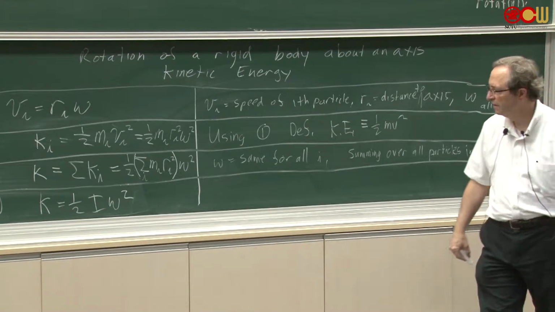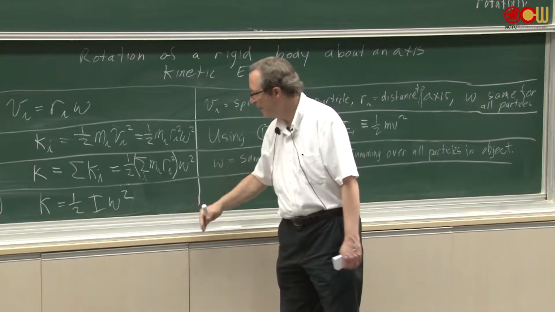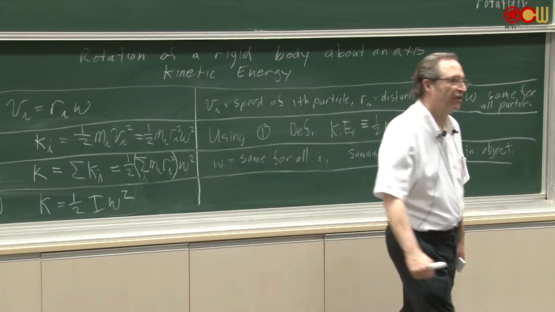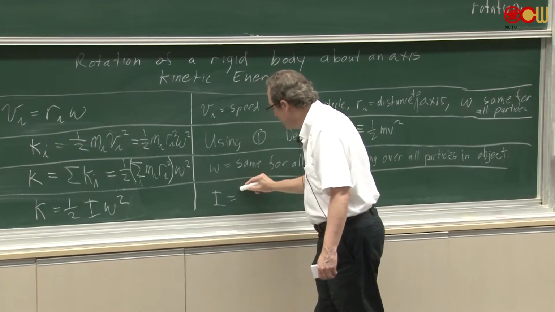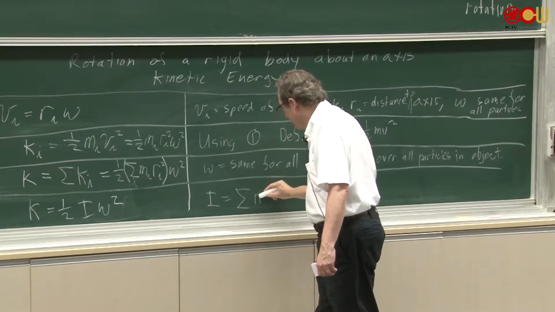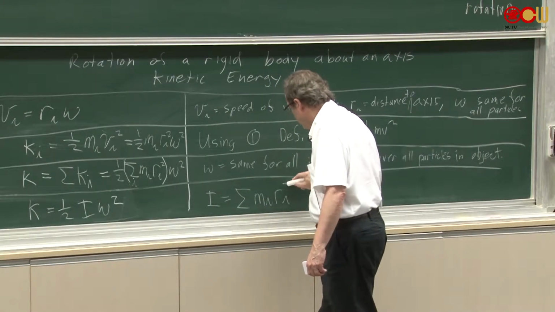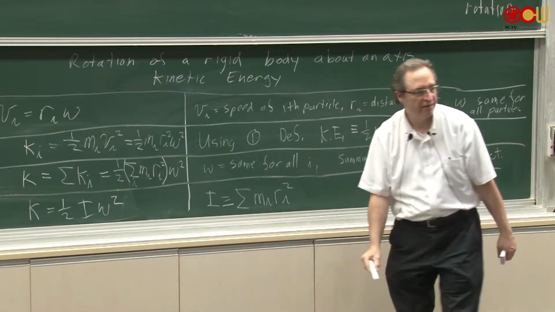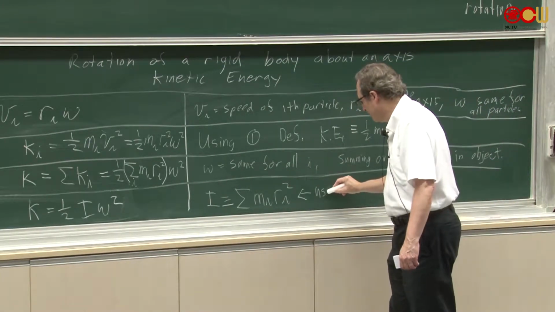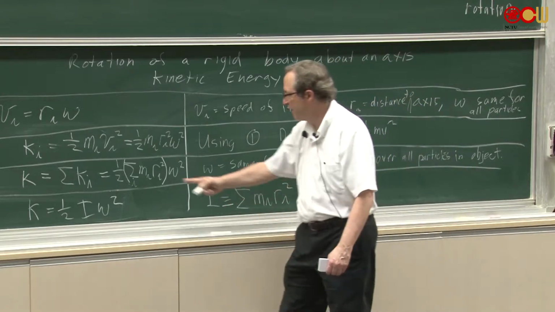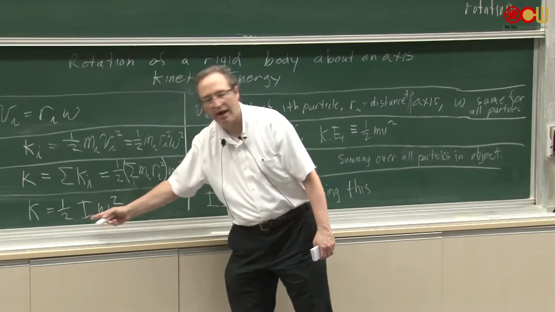Now what should I write here? I equals the sum of mi ri squared. That's a definition. Using this definition, I can replace this by I.